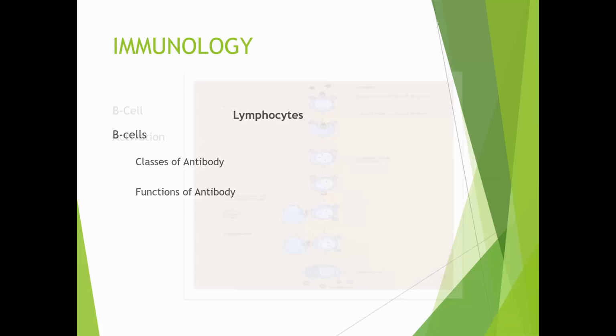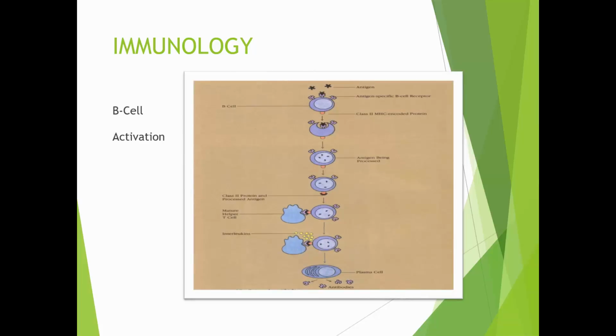So we're going to look at that process of B cell activation. If you start at the top, an antigen is recognized, engulfed, and processed. Then class II proteins and the processed antigen are exposed on the surface of the B cell.